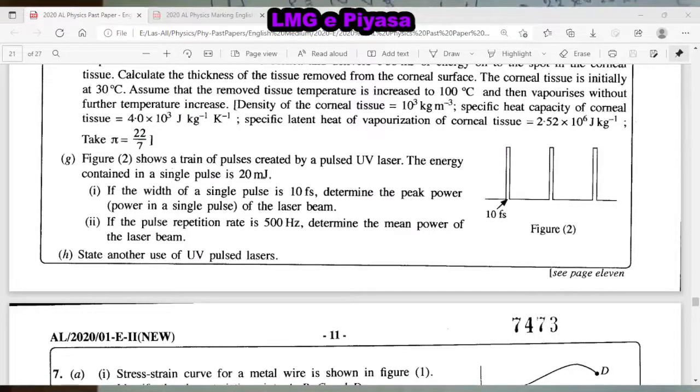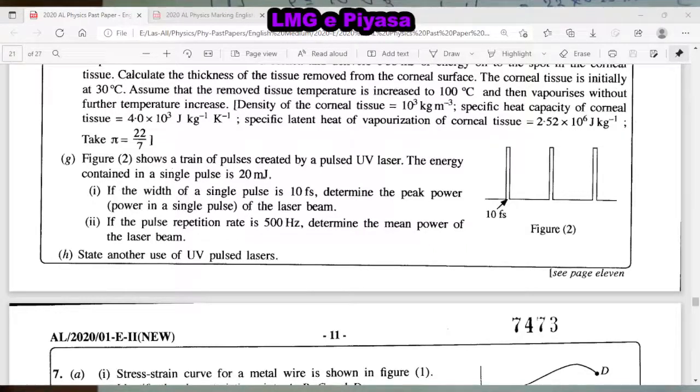එක pulse එකකට 20 millijoules. Time taken is 10 nanoseconds, right?